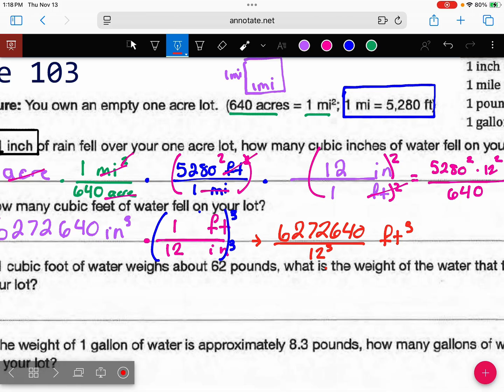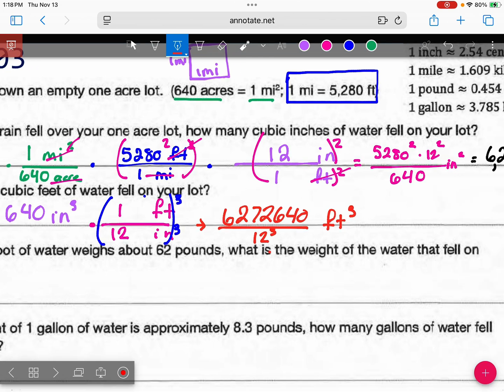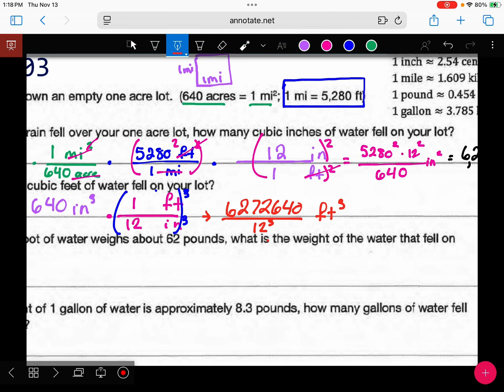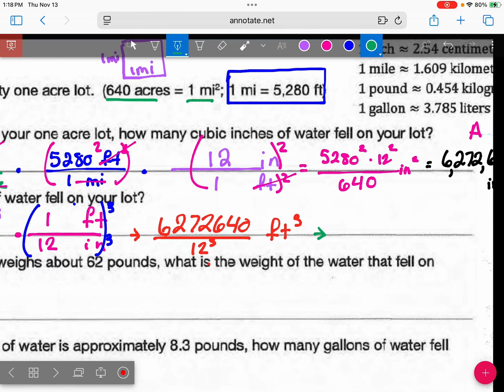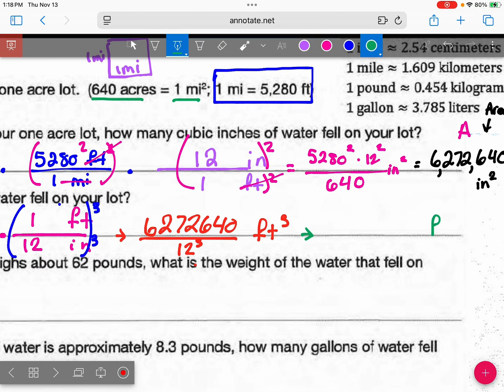So what do we get when we divide 6,272,640 by 12 cubed? How many cubic feet?